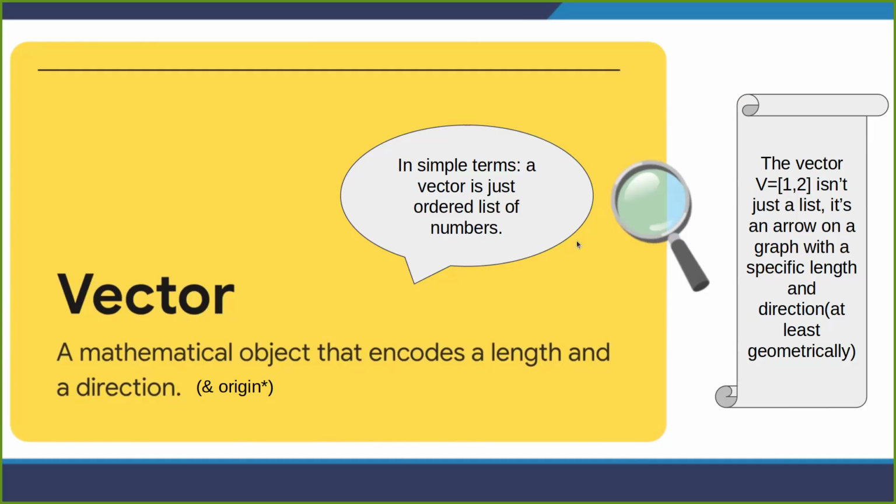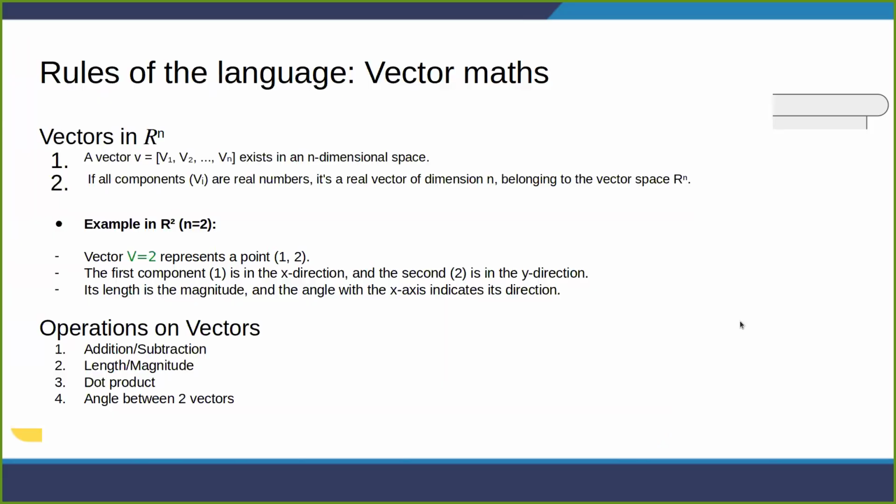So this is the basic crux of a vector. A vector is nothing but a math object which encodes length and direction. So yeah, before we go into the rules, I'll just show something to you on the whiteboard.